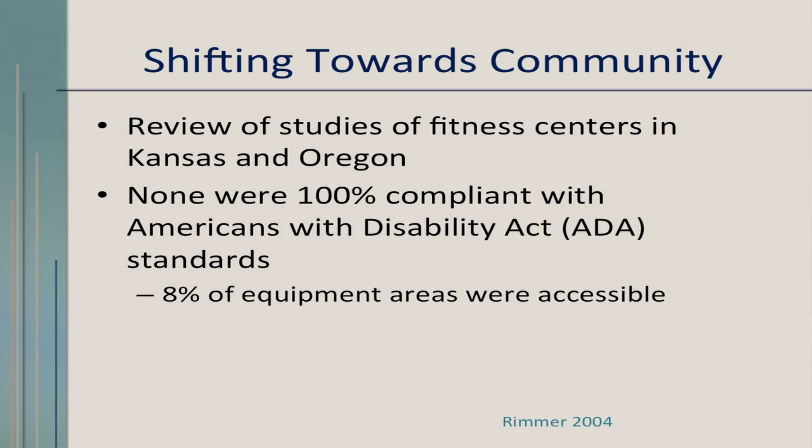So, although the act was relatively new, there was still at least 10 years for centers to become compliant, and certainly new centers to be built to meet the existing laws. What they found in this study was that 8% of the equipment areas were accessible to the patient. That's not a typo, that's 8%.